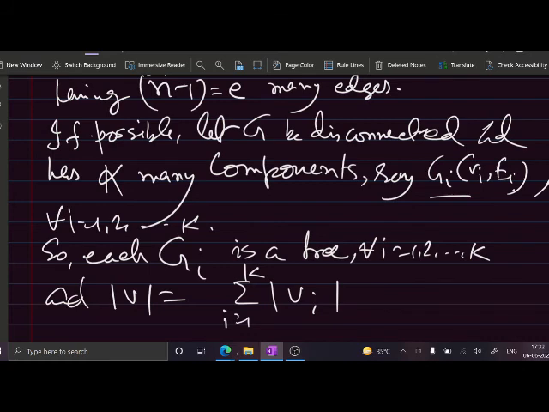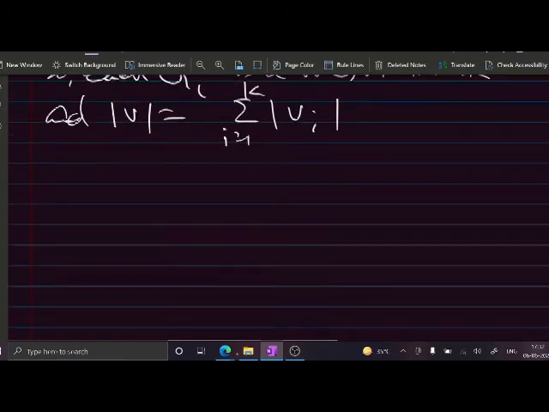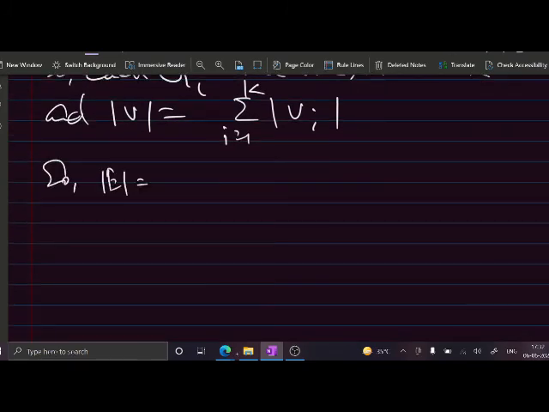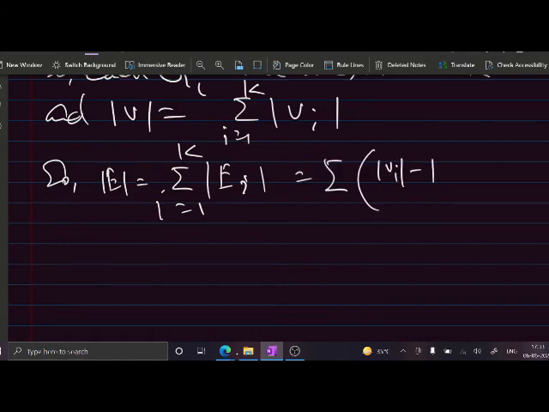Therefore, the number of edges is the summation from i equal to 1 to k of |Ei|, and if you take the sum, this is actually |V| minus k.